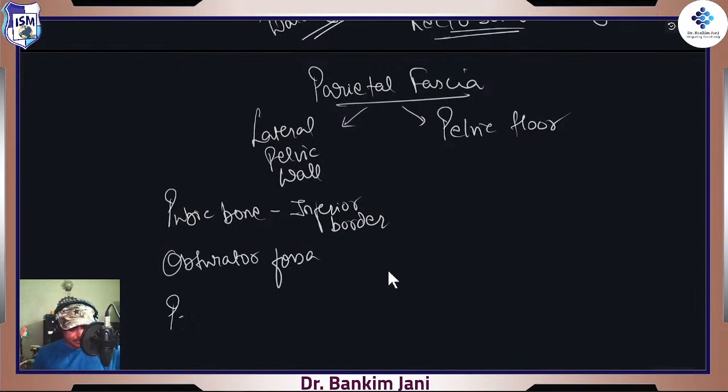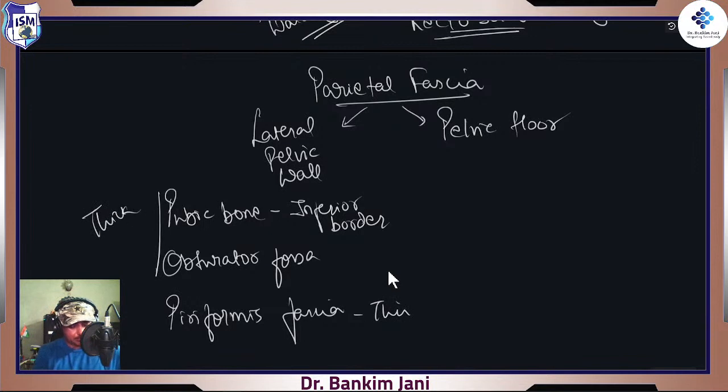And finally, the piriformis muscle, which is called the piriformis fascia. Definitely this would be thinner, but this part is thick. That is lateral pelvic. And in the pelvic floor, we know it so well, there were two layers.